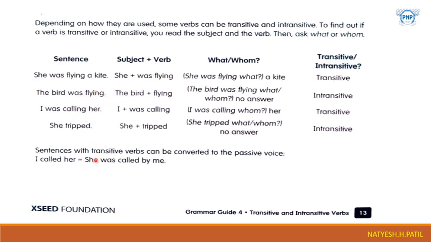Because we need an object. In passive voice, the object takes the place of the subject and the subject goes to the place of an object. Correct? Here that is not possible, and hence we can say whenever a sentence can be changed into a passive voice, it is an example of a transitive verb. If it is not possible to change it into a passive voice, we have to understand the given example is nothing but an example of intransitive.